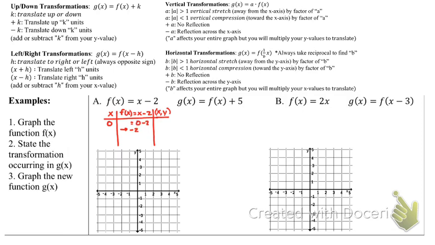So how do I put that in point form? I plugged in 0 for x, and it spit out negative 2. I just want to remind you, the y value is the same as the f of x value. So the first point I have is (0, -2).